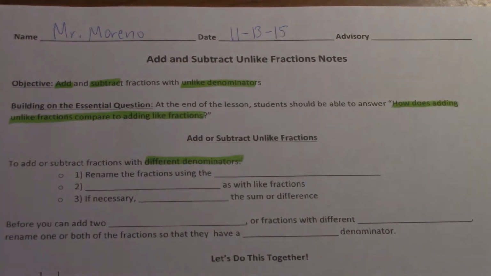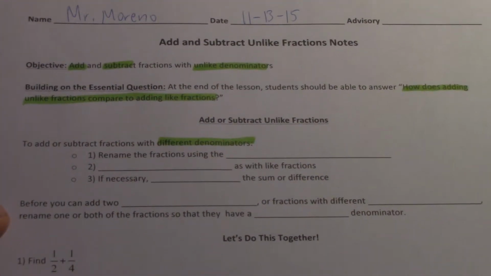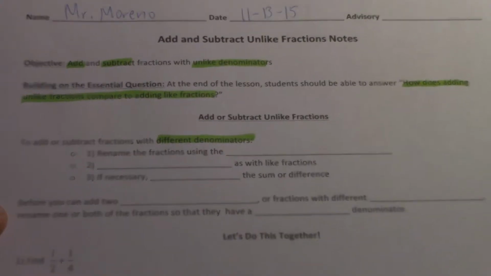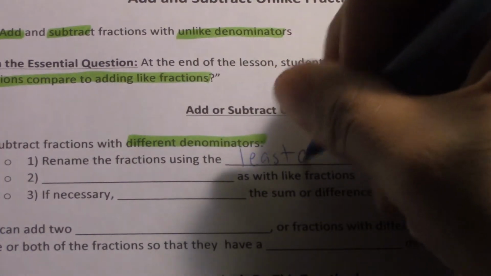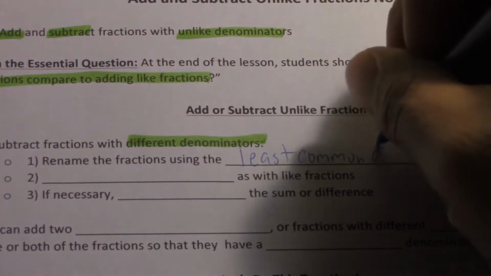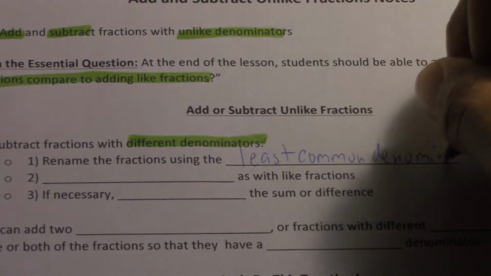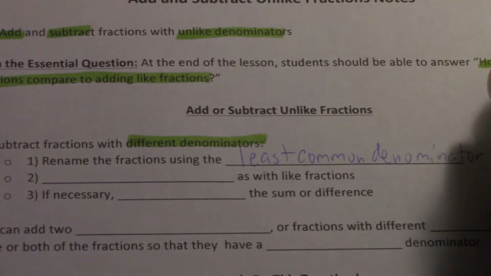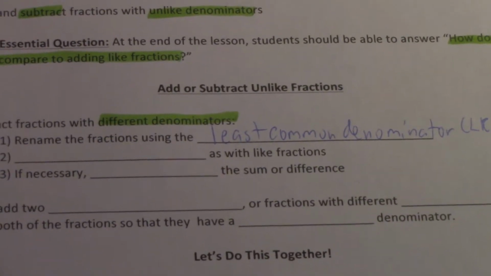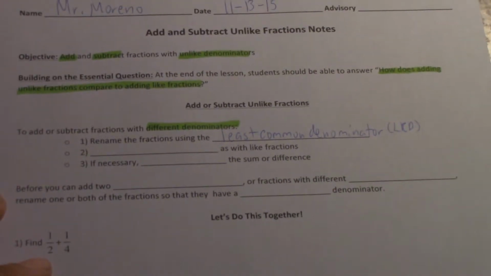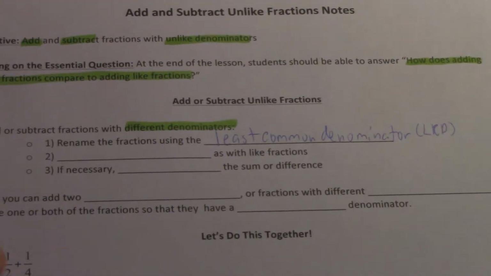We need to follow a total of 3 steps. The first step, number 1, is to rename the fractions using the least common denominator, otherwise known as the LCD. So we're going to rename the fractions using the least common denominator, otherwise known as the LCD.